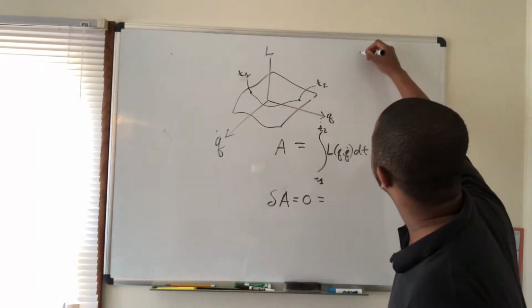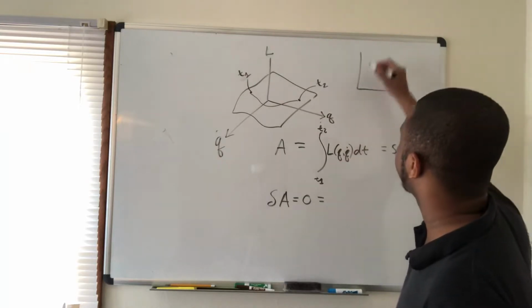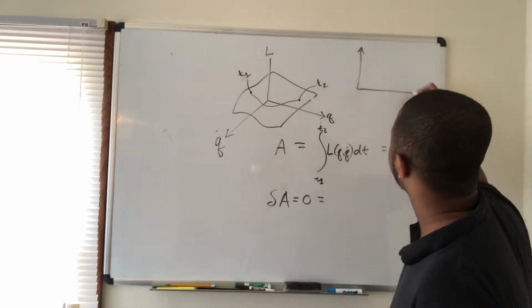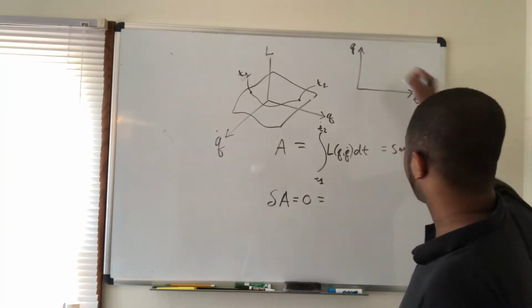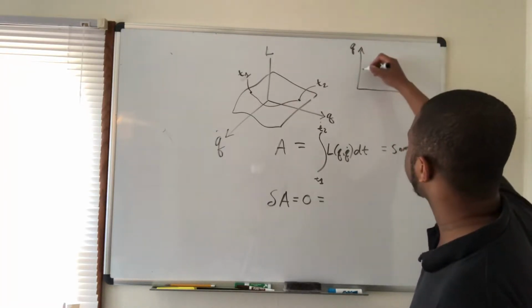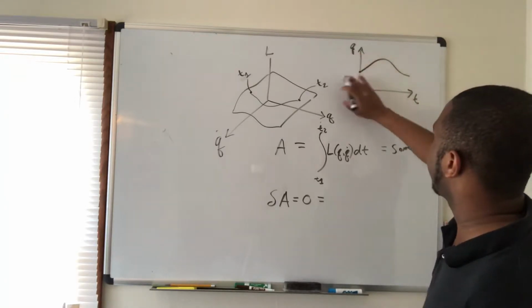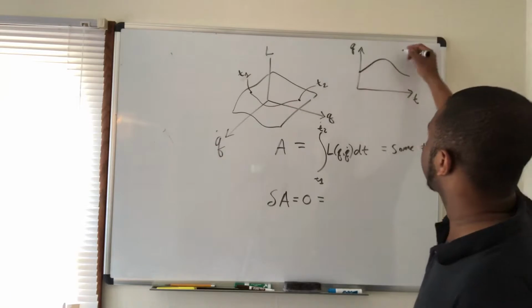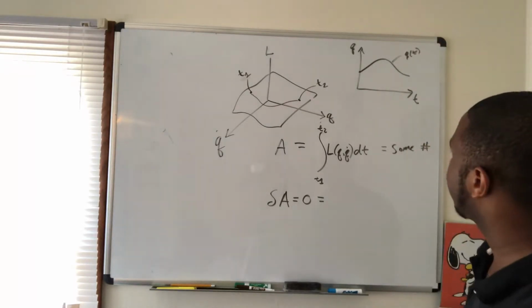How do we represent a very small change? If we had q on that axis and time on that axis, q is a function of t. This is how it changes.